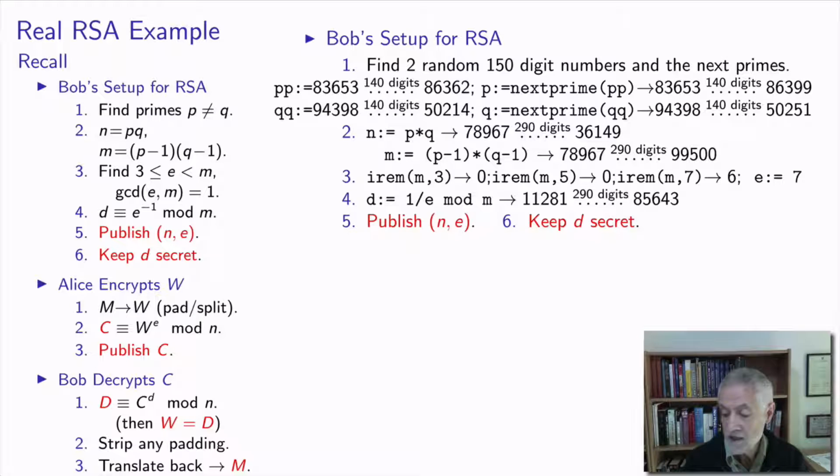Bob now publishes N and E and keeps D secret. It's good practice that Bob destroys the number P, the number Q, and the number M, and also all computations used in the process.